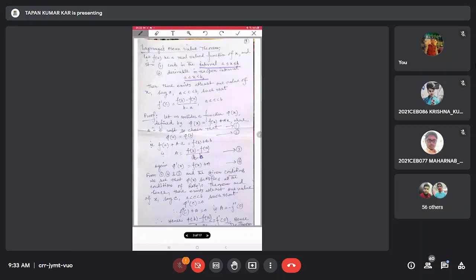Here look at this, the theorem gives f dash equal to (f(b) minus f(a)) by (b minus a). If f(b) equal to f(a), then f dash equal to 0. So from the Lagrange's mean value theorem also you can get the Rolle's theorem provided f(a) equal to f(b).